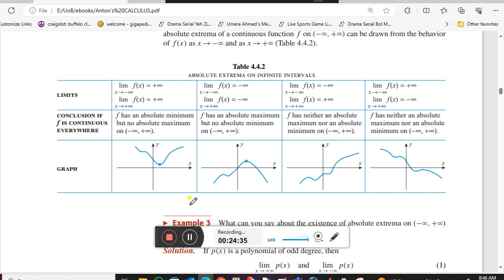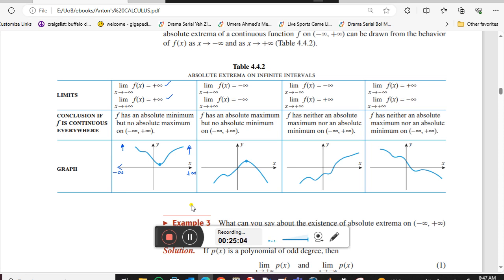So one of these things can happen, because on both sides it's going somewhere. If my limit as x goes to plus infinity, my function goes to plus infinity, and if I go to minus infinity, my function goes to plus infinity, it means from both sides it is going to plus infinity, so no maximum value.